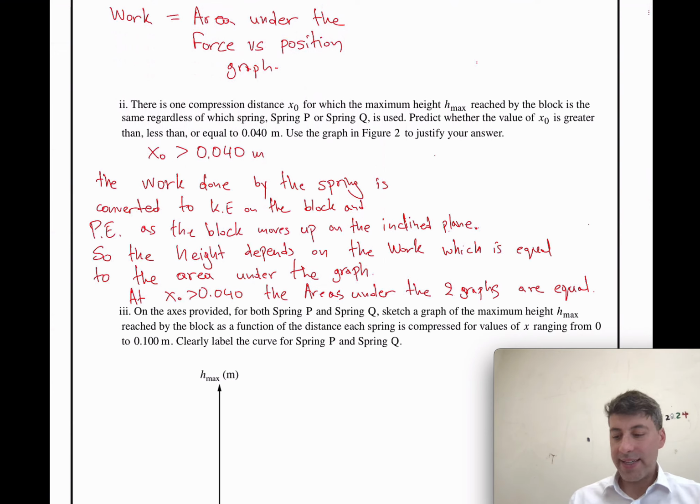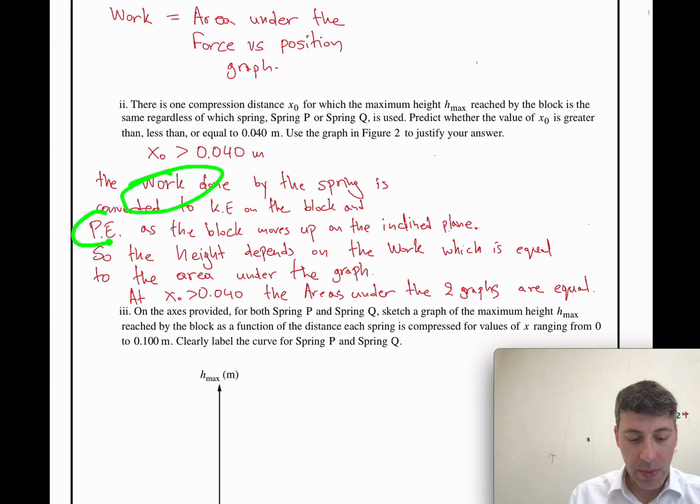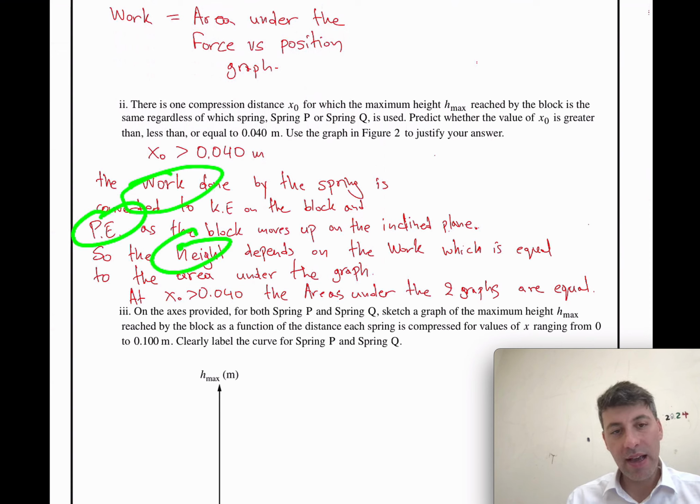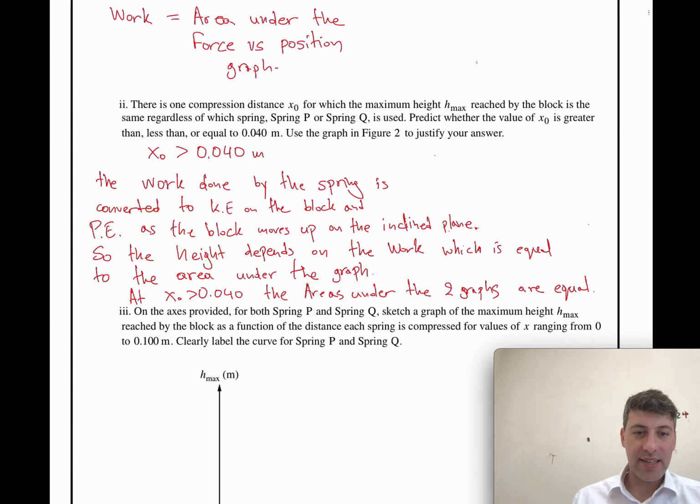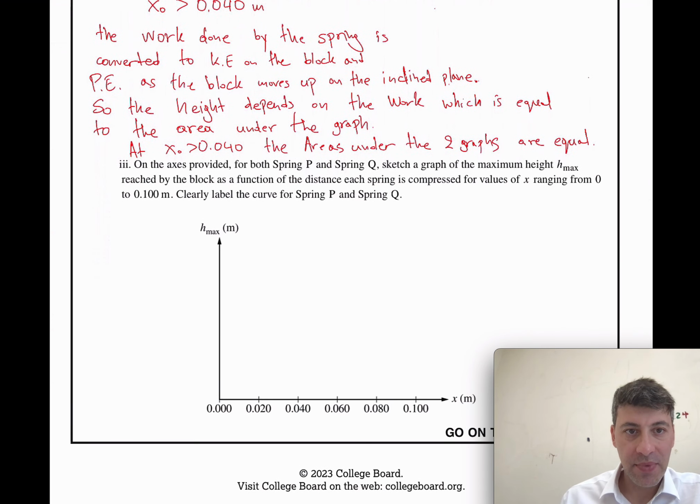We need a sentence that relates the work or the energy to the potential energy and the height, and this work is related to the area under these graphs. So we need to make sure that we mention these keywords. We can move on to part B3.